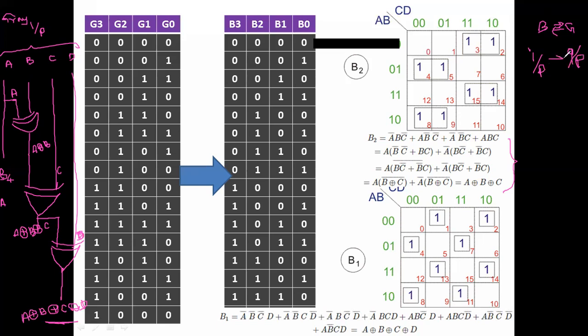The input may be binary or gray; similarly, the output may be gray or binary. Whatever it is, don't worry. But what is the step? The first step is to know the input. If the input is binary, it may be 3-bit or 4-bit. If it is 3-bit, you have to draw the 3-bit binary table with equivalent numbers, the truth table, B1, B2, B3.